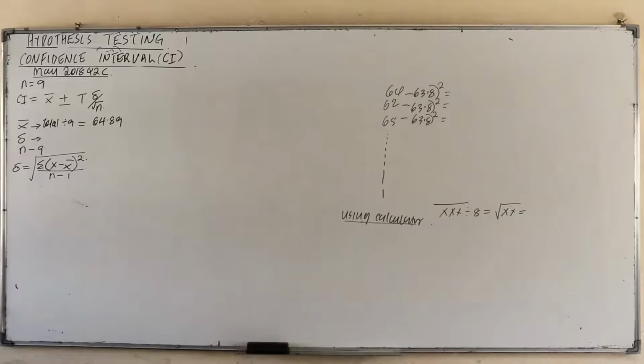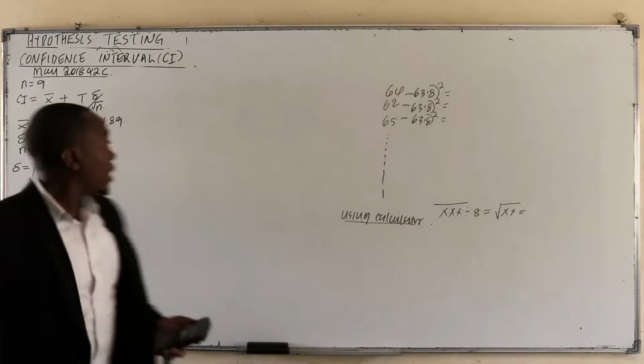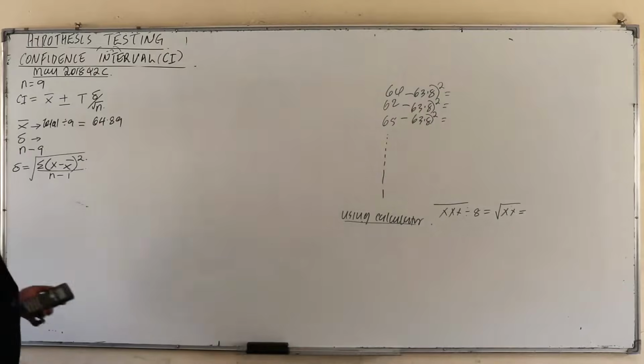So we had 64 M plus, 62 M plus, 65 M plus, 63 M plus, 68 M plus, 69 M plus, 65 M plus, 63 M plus, 65 M plus. Then Shift, number 2, number 1, and I get exactly what I got.